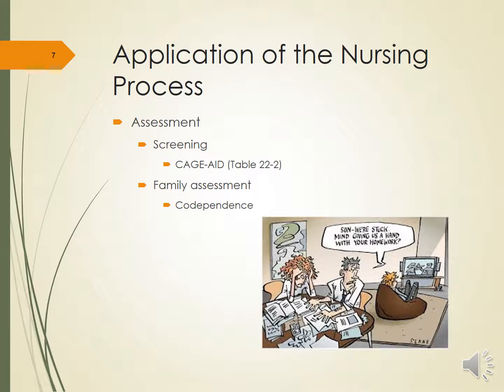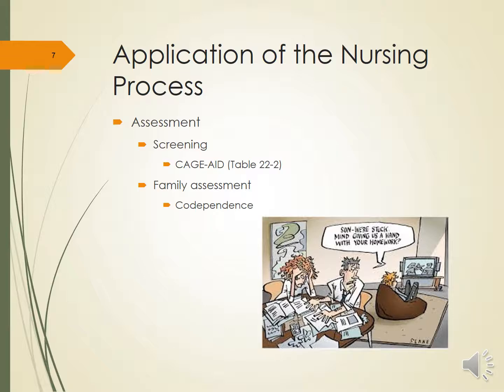Enabling a patient means that the person may be doing something that is allowing the person to continue their addiction. For instance, they may be allowing them to live in the family home. They may be giving them money. They may be going to the store and buying their vodka. So whatever it is, it's enabling the addiction.